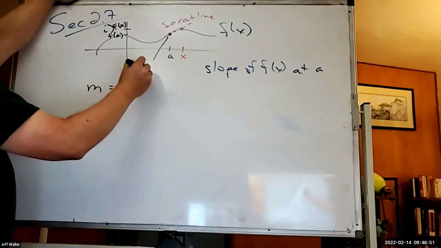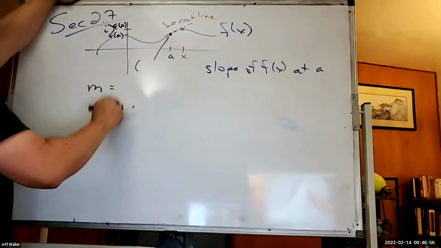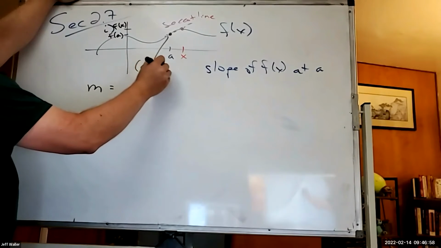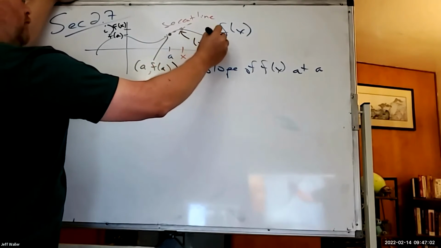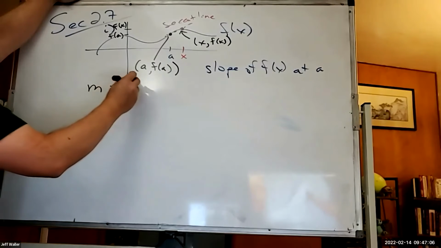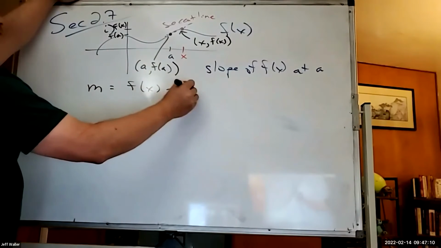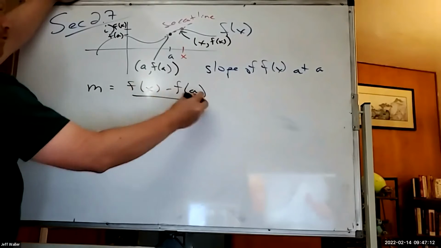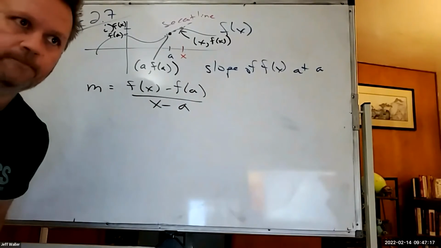This point is a, f of a, and this point is x, f of x. So the slope would be y2 minus y1 over x2 minus x1, right? Is that cool? Okay.